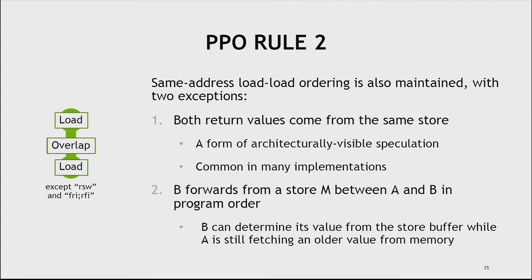So this one is same address load to load ordering, which turns out to be more complicated than all of the other same address combinations. And the reason for that is these two scenarios here. So in general, if you have an older load followed by a newer load in the same thread back to back, the newer load is never going to read an older value, but if they do return the same value, there are common hardware optimizations that would allow those to appear to be reordered.